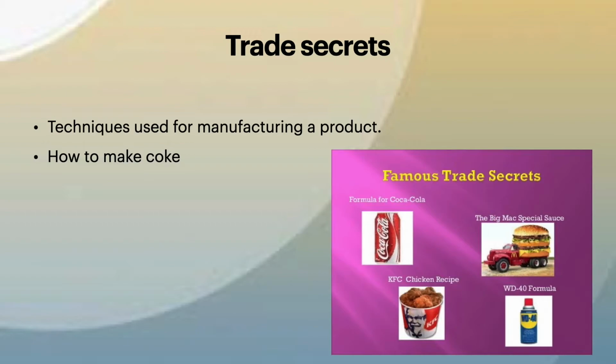Example, Coke. The way Coke tastes, no other drink can give it. Yes or no? That means this is a trade secret of the company Coca-Cola. That completes your third point, which is called trade secrets under intellectual property.